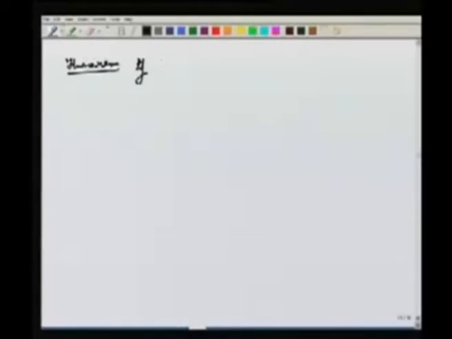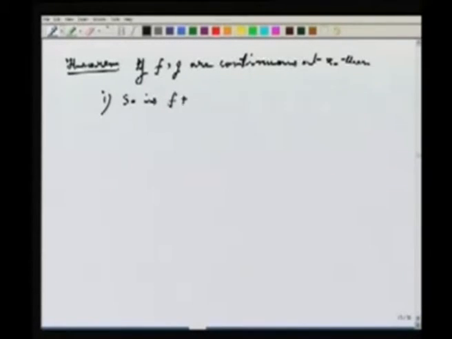So the first result is, if f, g are continuous at x naught, then so is f plus g. What do I mean by f plus g? It is another function whose definition is f plus g at x is f of x plus g of x.